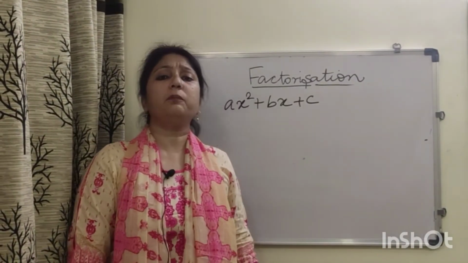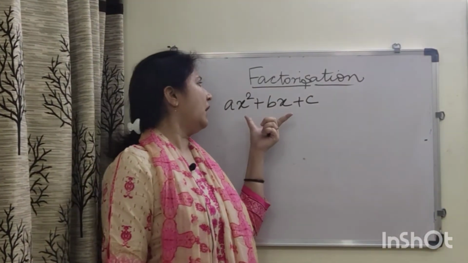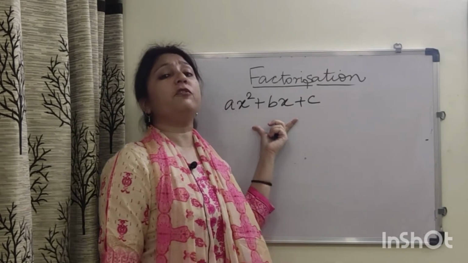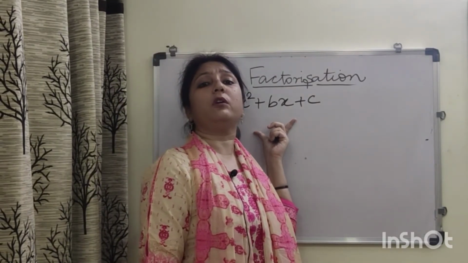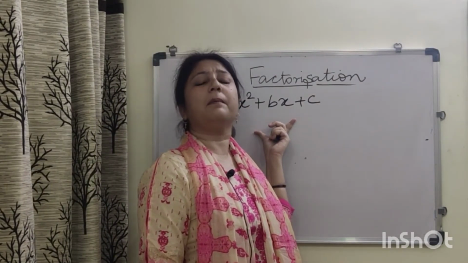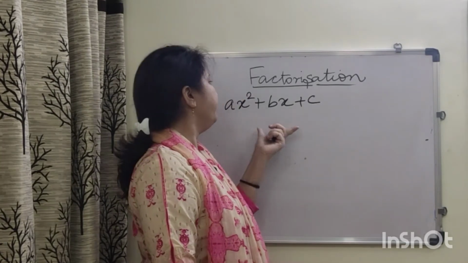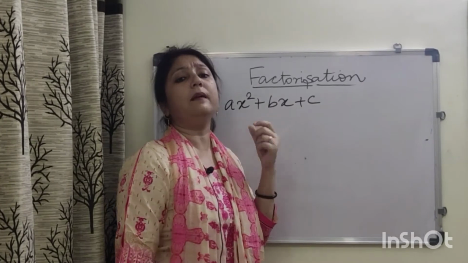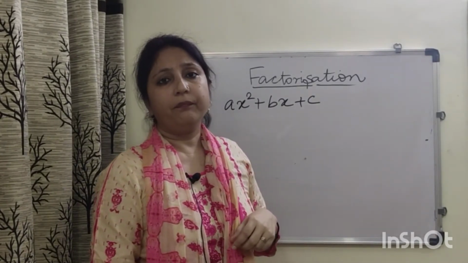Now in the last part, students, we will learn how to factorize the form where the coefficient of x square is not 1. It is some other numeric. So it is in the form of ax square plus bx plus c.